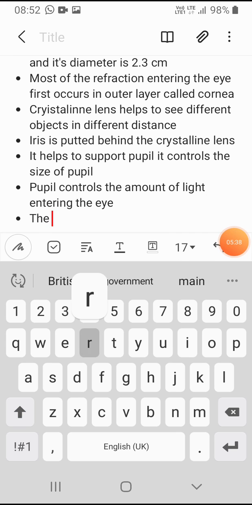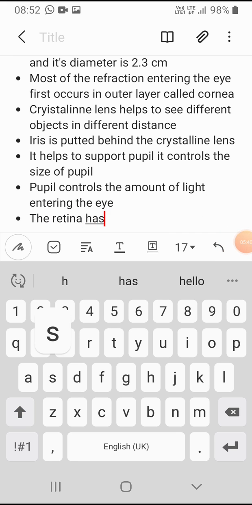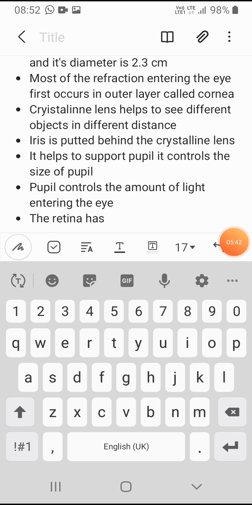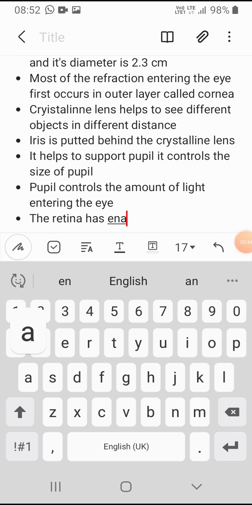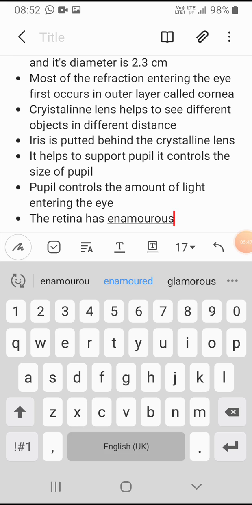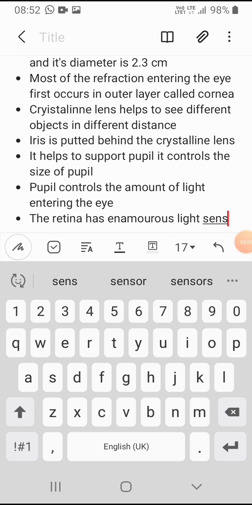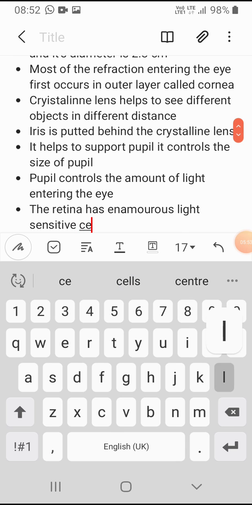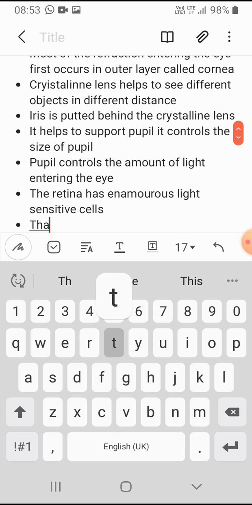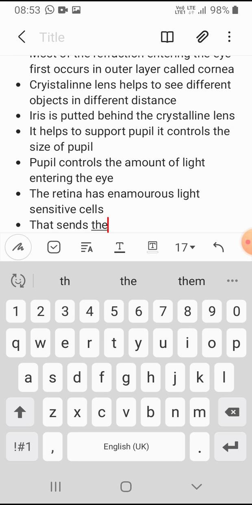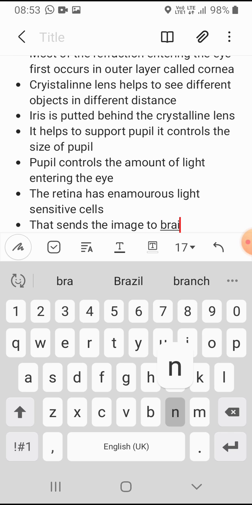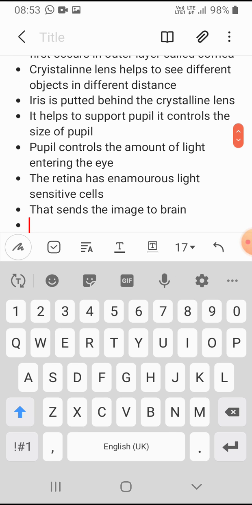The retina has numerous light sensitive cells that send the message to the brain, that send the image the retina has to the brain.